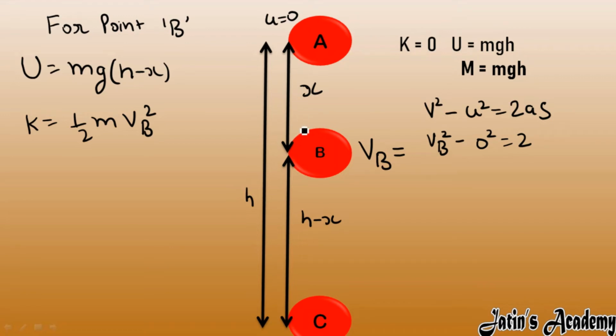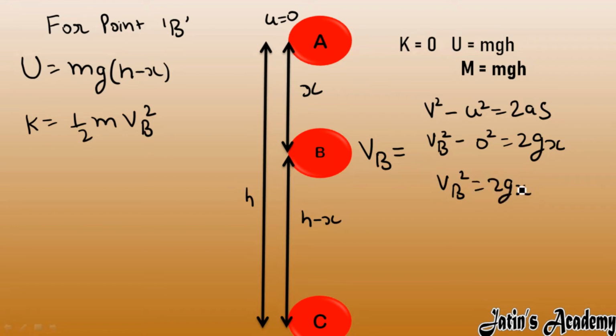The total displacement from A to B is x. Here it is important to note that the total displacement from A to B is x. So vB square is 2gx.